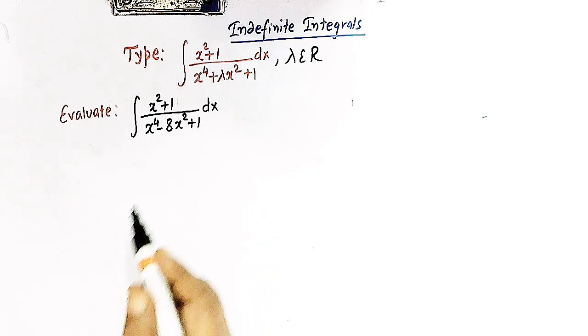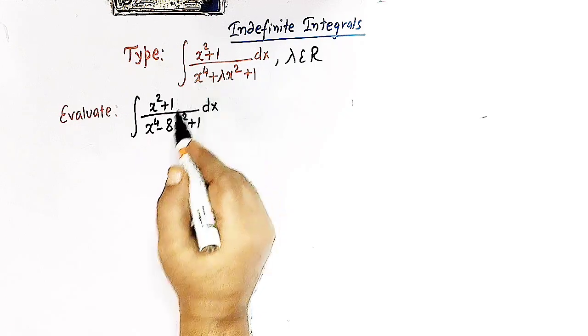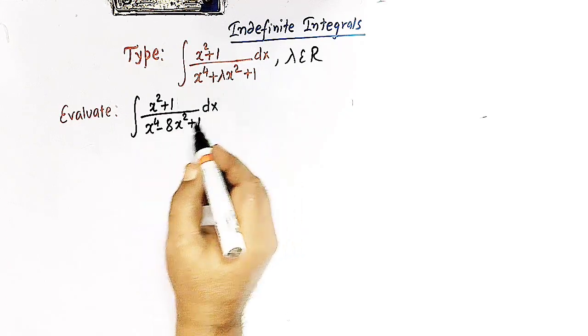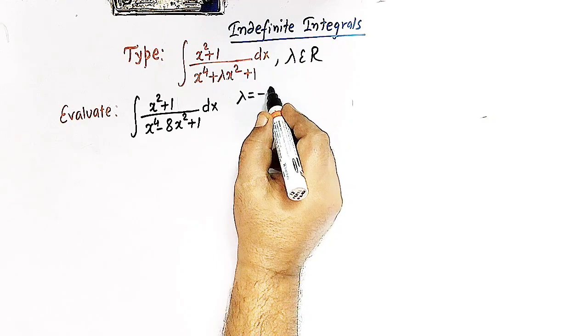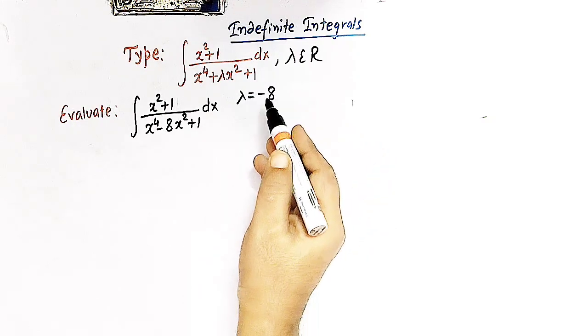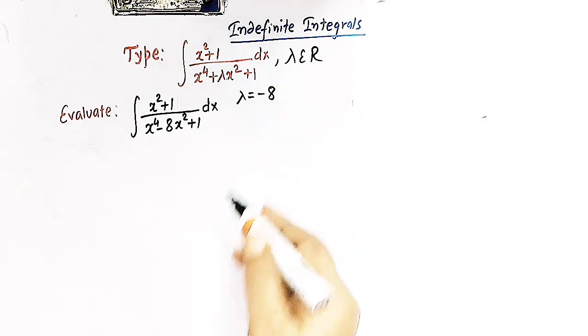And if we compare these two denominators, we can see that the value of lambda is equal to minus 8, and clearly it belongs to the set of real numbers.